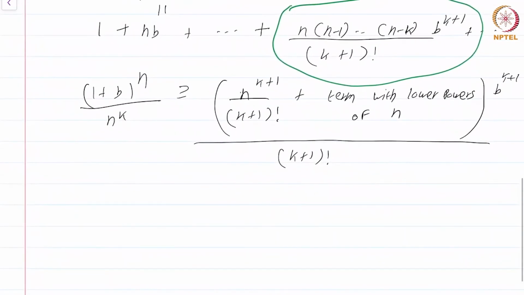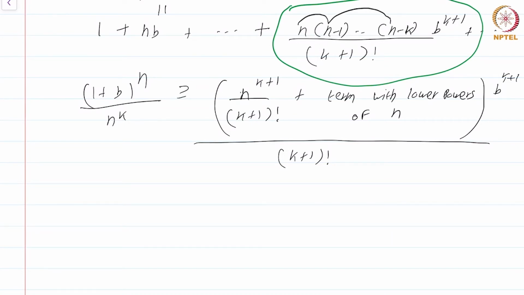Okay, so what I have done is I have focused on one of the terms, the one having b power k plus 1 as the coefficient. Then I am expanding the binomial coefficient that comes, and I notice that there will be one term which has k power 1, that is one when you multiply all the n's together.